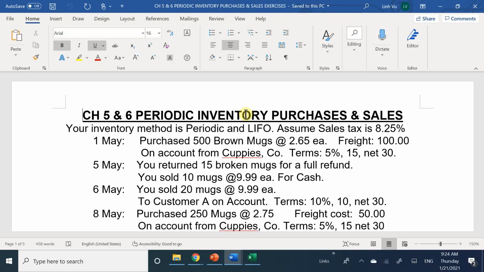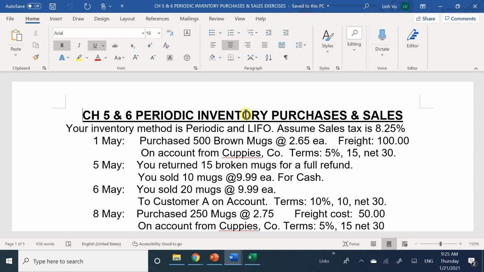We purchased a total of 500 brown mugs at $2.65 each. Freight cost you $100, and it was on account from Cuppy's Co., and you were given terms of 5%, 15, net 30.